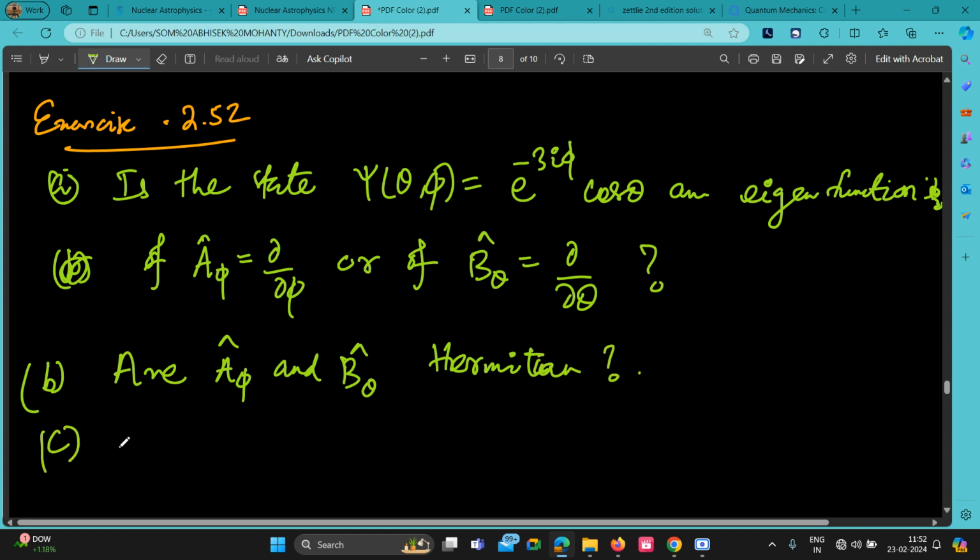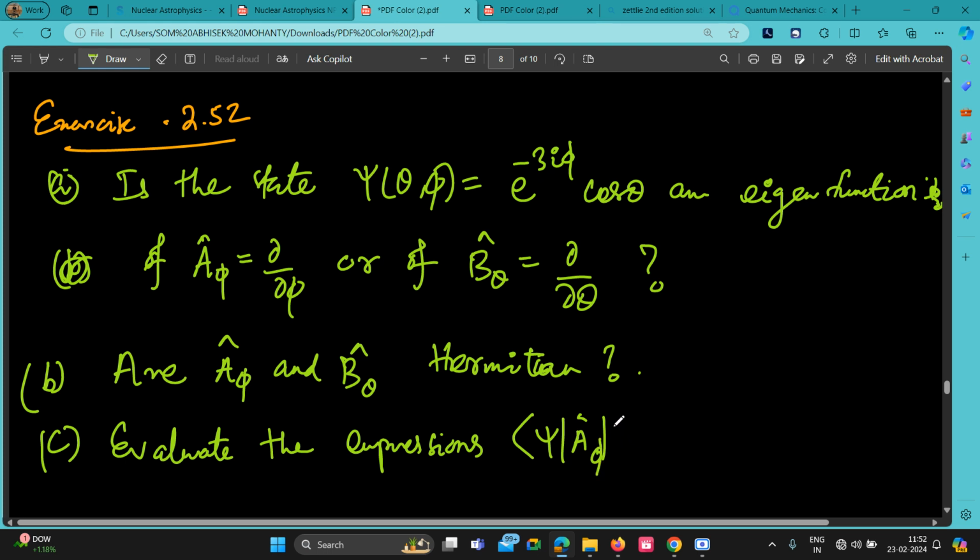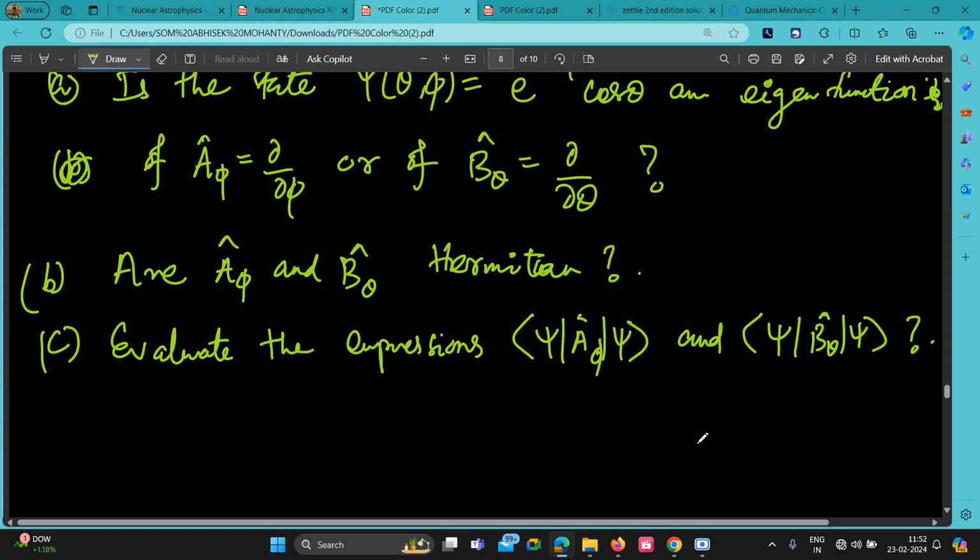C. Evaluate the expressions. Psi A phi psi and psi B theta psi.